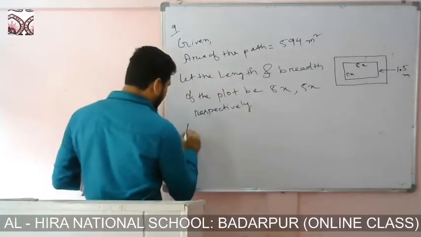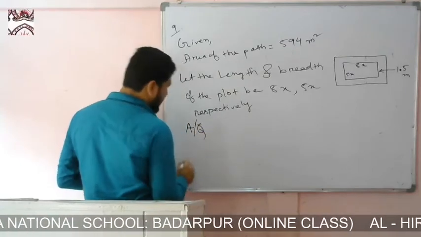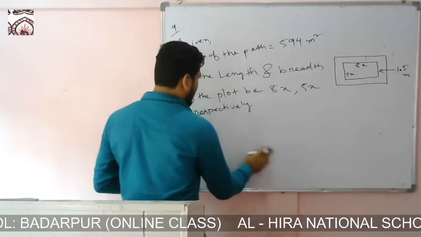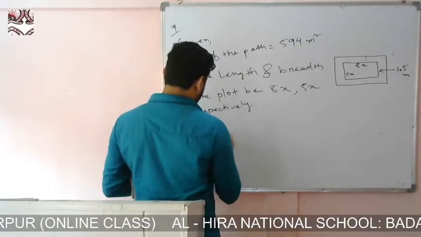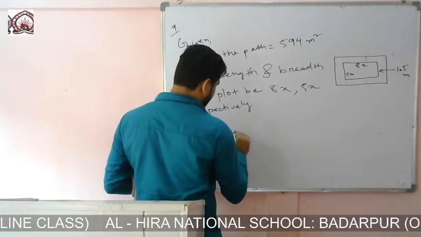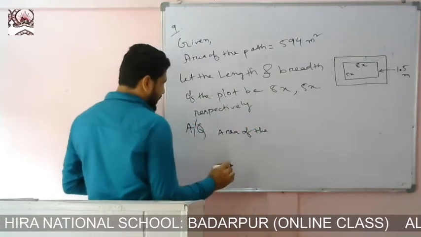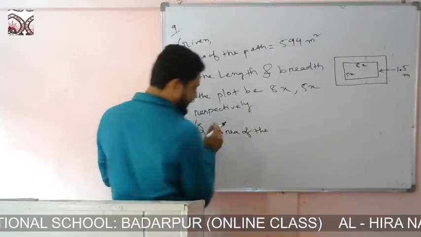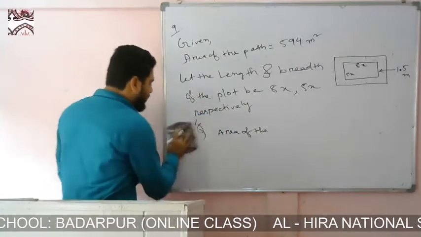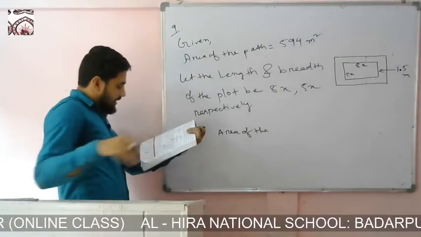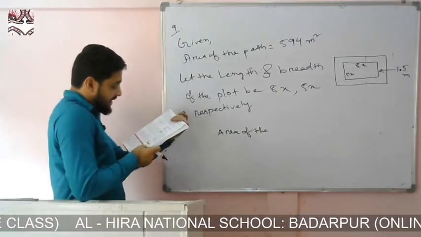Okay, so according to question, I can write what? Not according to question, don't write according to question, you can write like this also. To find what? Find the dimension of the park.